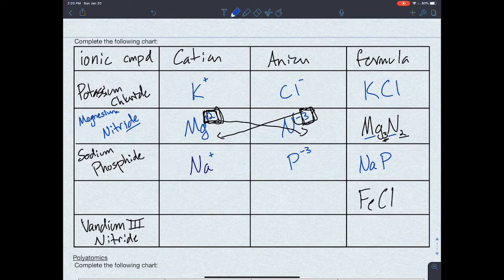How many +1s do you need to balance out a -3? How many sodiums do you need to balance out 1 phosphorus? Well, you need 3 of them. With the crisscross method, this +1 comes down here, and you get Na3P1. So you need 3 sodiums, 3 positive charges, to balance out 1 -3 charge. It's all about balancing out the charges so that it's neutral.